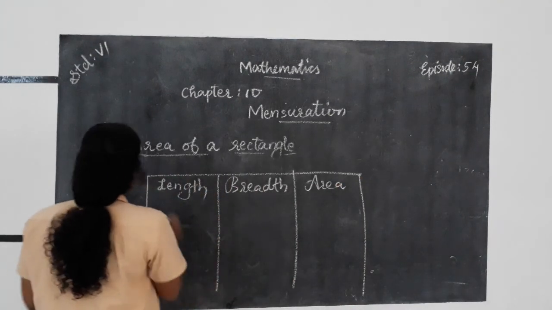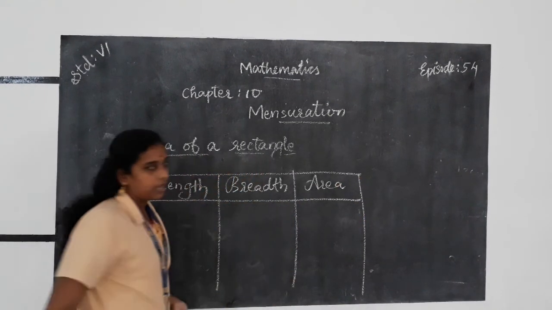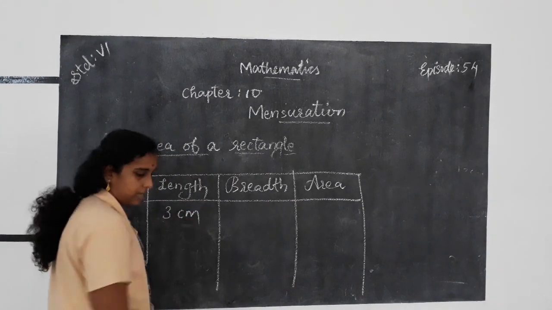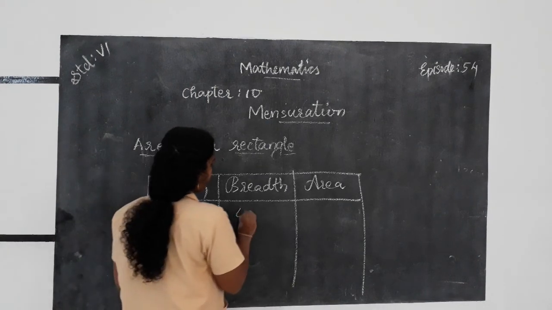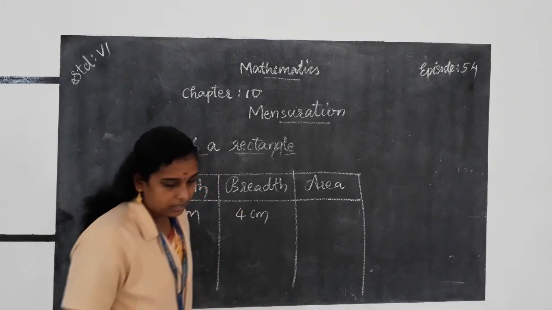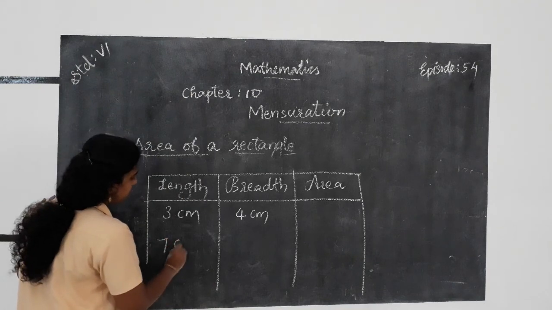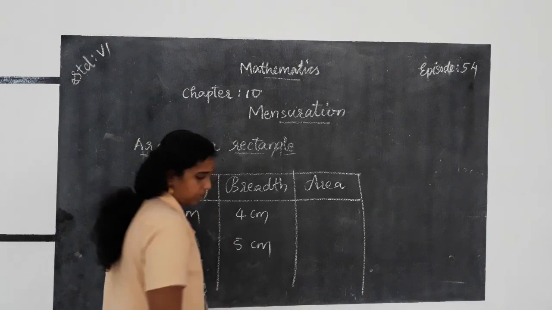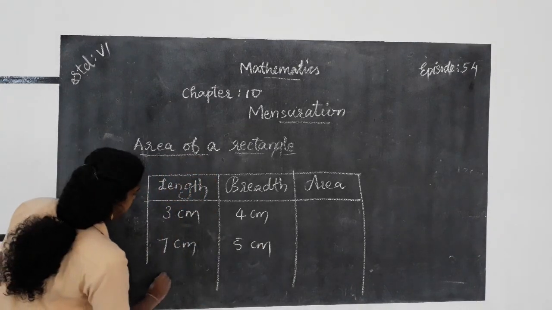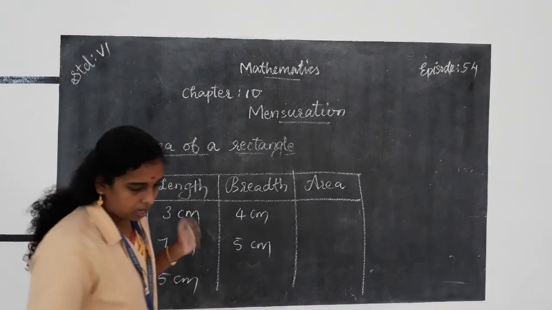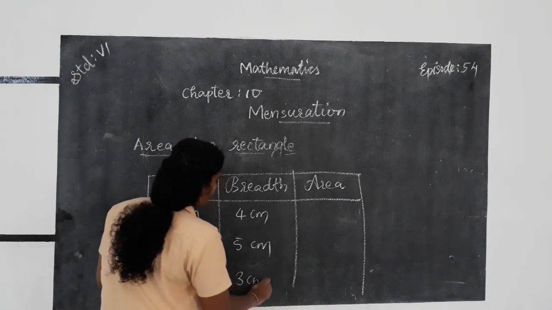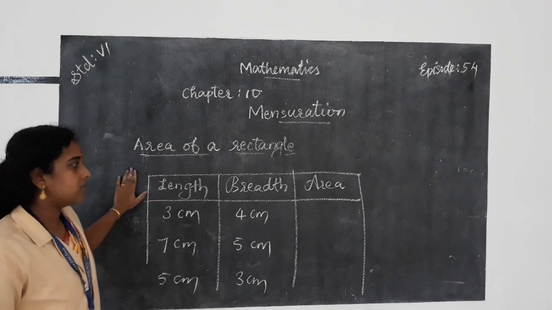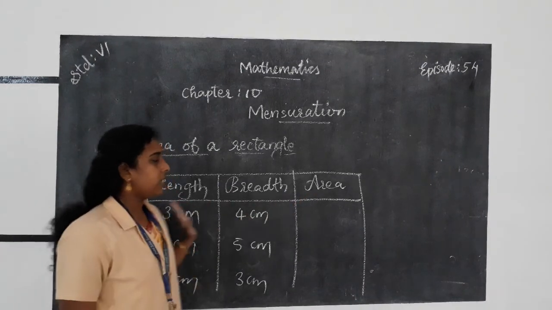So the length and breadth of some rectangles are given here. We want to find the area of the given rectangles. The first one has length 3 centimeter and breadth 4 centimeter. The second has length 7 centimeter and breadth 5 centimeter. The last has length 5 centimeter and breadth 3 centimeter. We want to find the area of each rectangle.